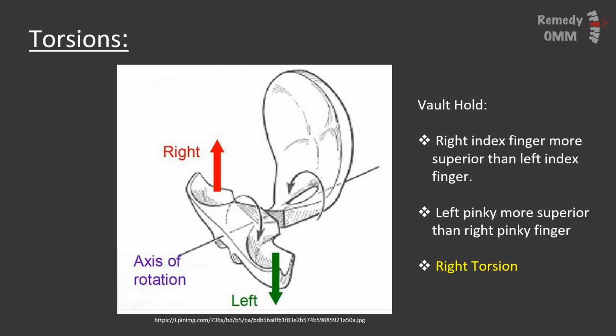So in this example, when performing the vault hold, you'll notice that your right index finger will be more superior than the left, and you'll notice your right pinky or fifth digit will be more inferior than the left. This physical exam information tells you that the patient has a right torsion, and of course the opposite would be true for a left torsion.